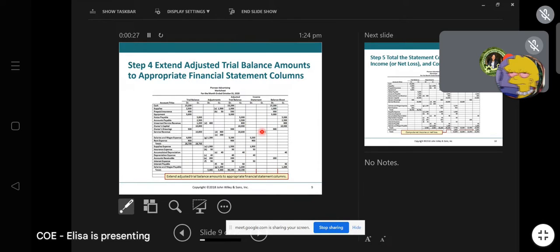Number 1, close the service revenue, and number 2, close the expense accounts. And then the next one will be to close the drawing account, which is 500.